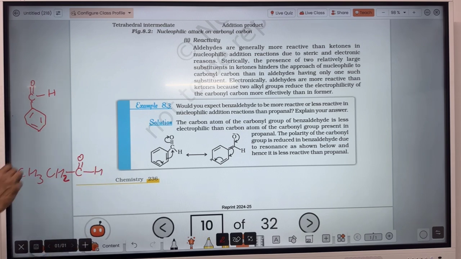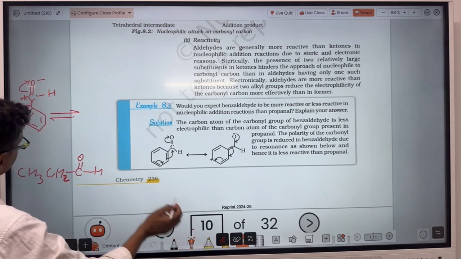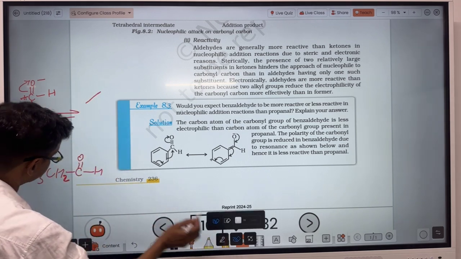What happens in case of benzaldehyde? The polarity arises because this oxygen takes the electron, leaving a positive charge here. In benzaldehyde, the pi electrons of the ring will go toward this carbon atom, so there will be double bond formation here.